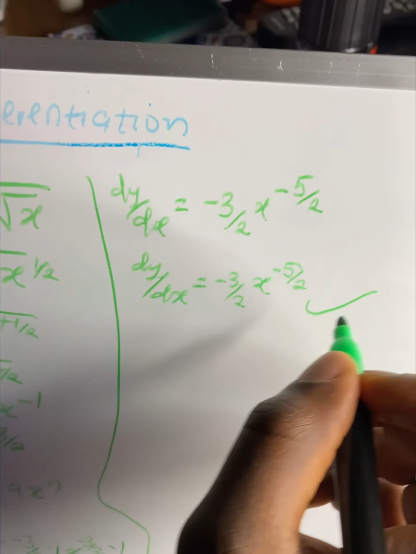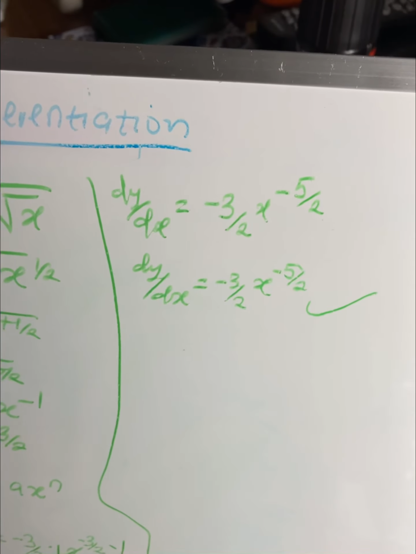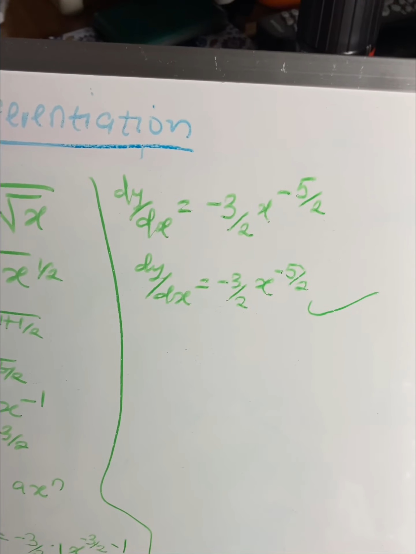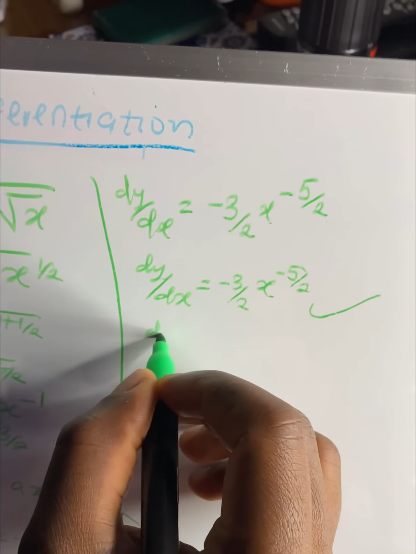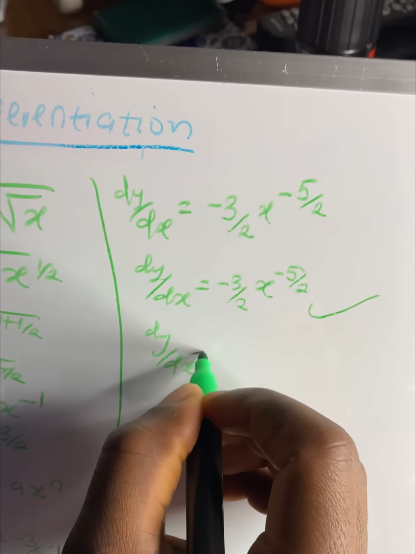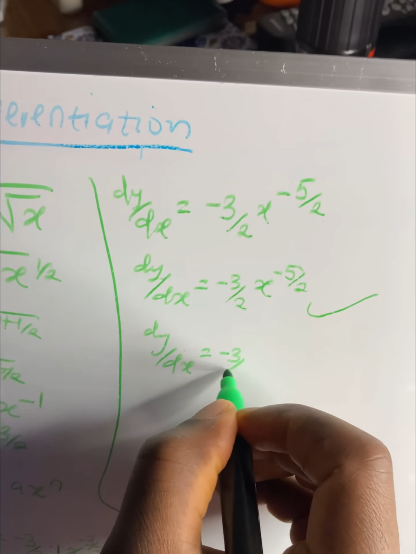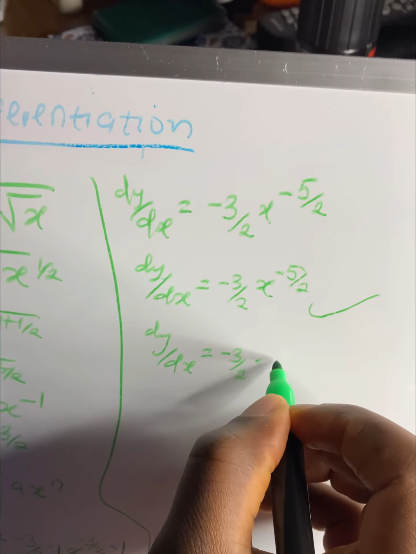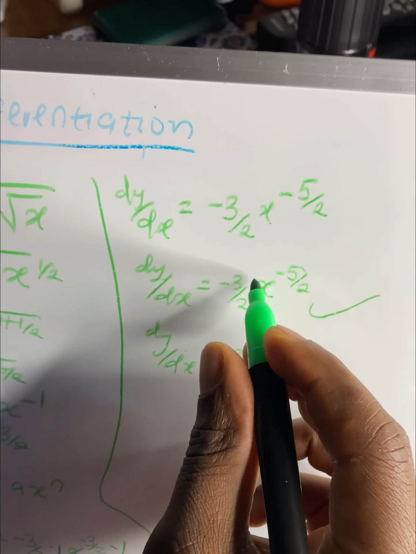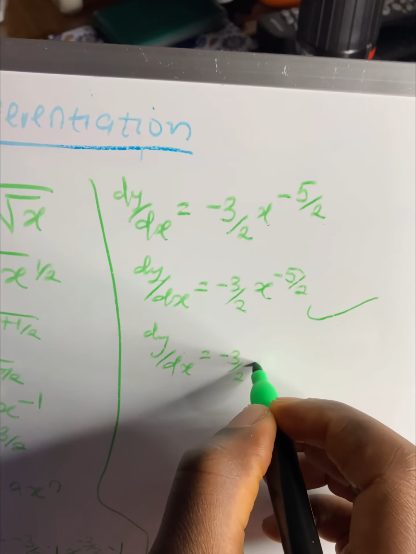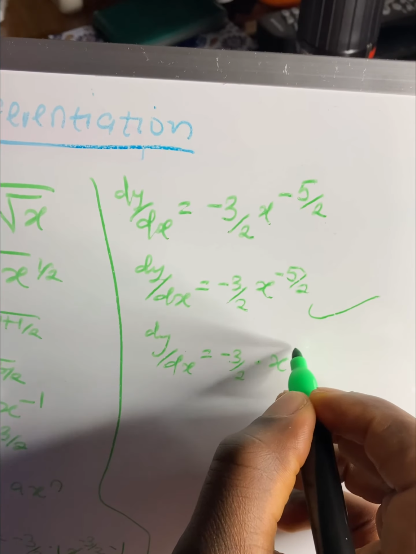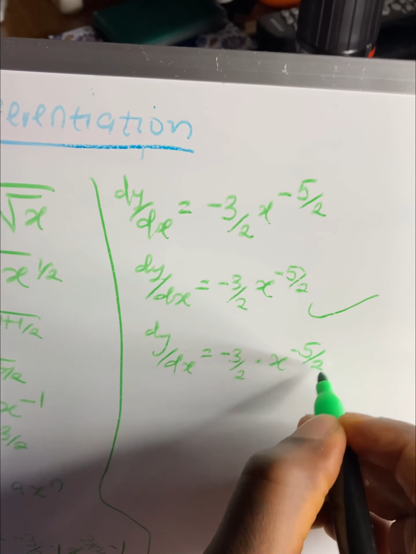You can leave the answer here, or you can simplify further. If you wish to simplify further, dy/dx will be equal to minus 3 over 2 multiplied by x to the power of minus 5 over 2.